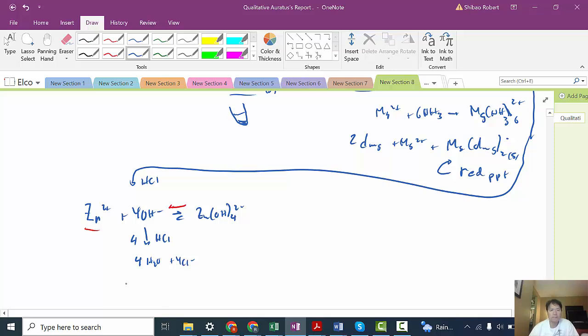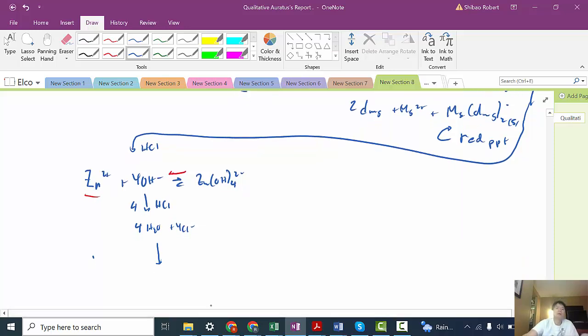So the Zn2+ can react to form Zn3 and then 2 of these cyanoferrates. So that's step 1. And let me just do it a different way here. Alternatively, we could take the tetrahydroxozincate complex, and then add HCl. And this should give me 4 waters plus any unreacted hydroxide complex.